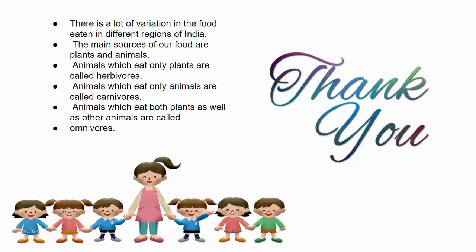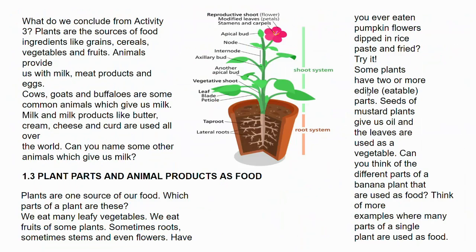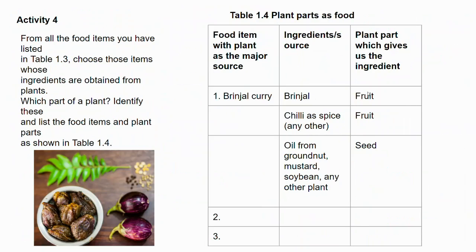Food item with plant as the major source. Ingredient source. Plant part which gives us the ingredient. 1. Brinjal curry. Brinjal. Fruit. Chili as spice. Fruit. Oil from groundnut, mustard, soybean, any other plant. Seed.